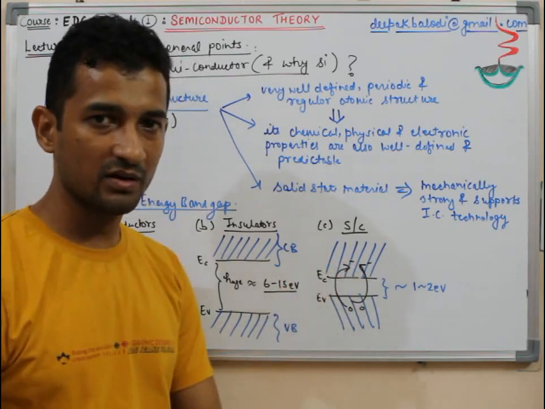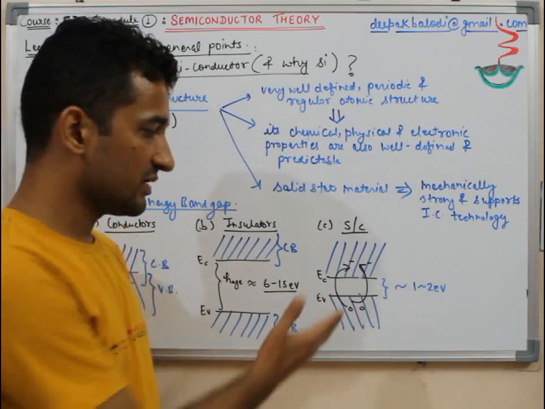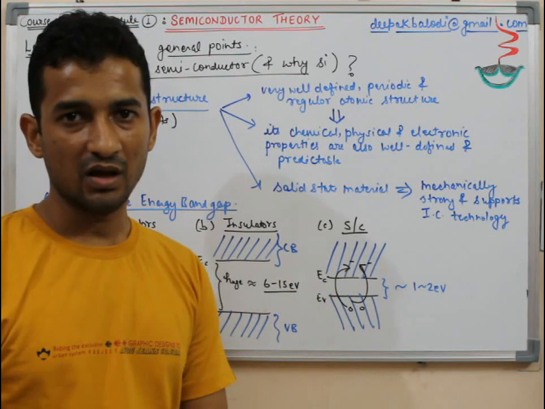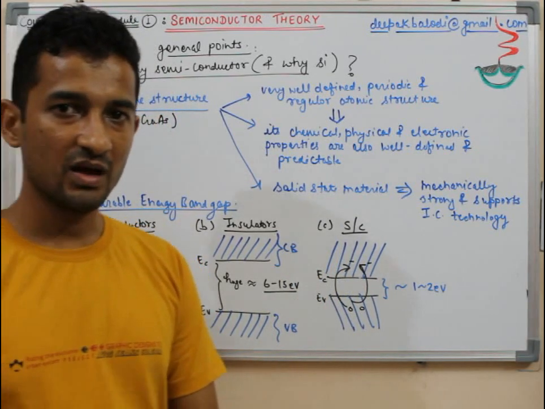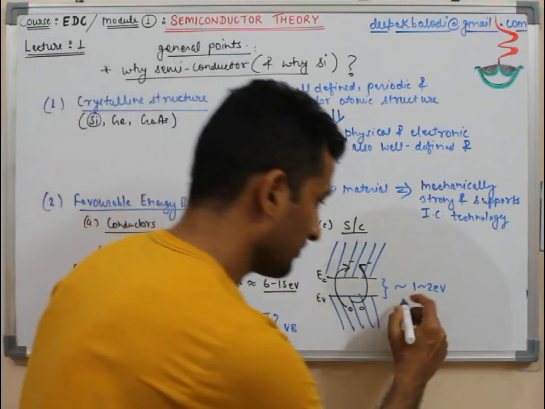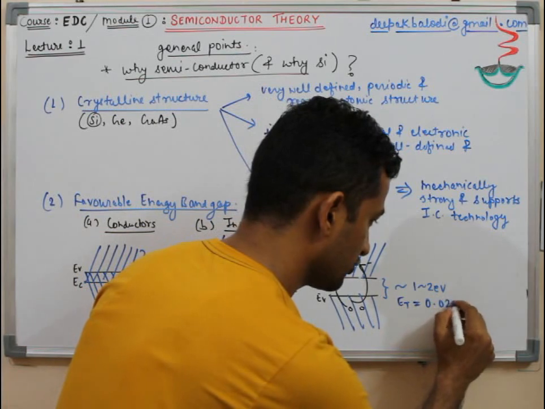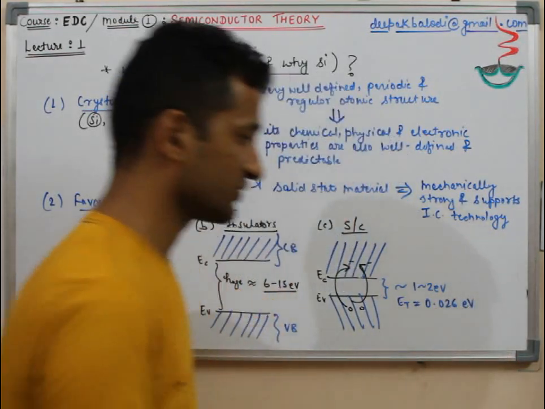Due to temperature, these transitions are not frequent, or are negligible, because we have already seen that the thermal energy at room temperature is 0.026 electron volts.